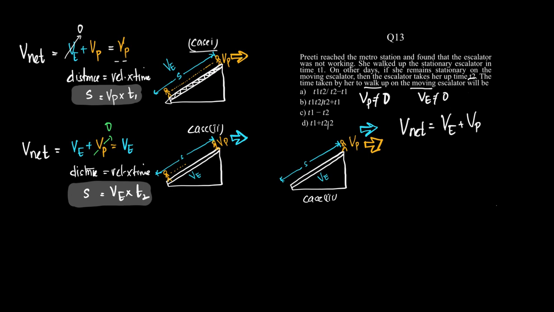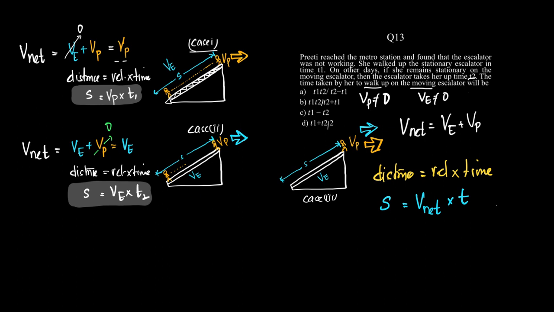In this case, what is the distance equal to? Distance here will be equal to velocity into time. Distance again remains the same. S is equal to, what is the velocity? Velocity is V net. And do we know the time? We don't know the time. Let us say the time is t.